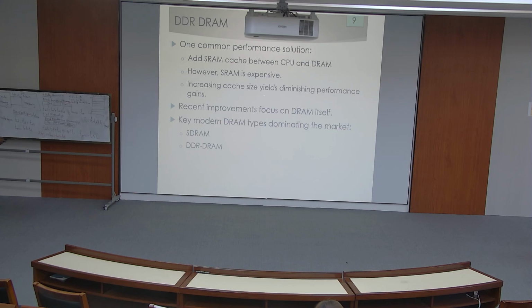Then we would need to increase the cache size, but this will have a negative impact on the computer performance. So recent improvements needed to focus on the DRAM itself, not on adding SRAM between the central processing unit and the main memory.